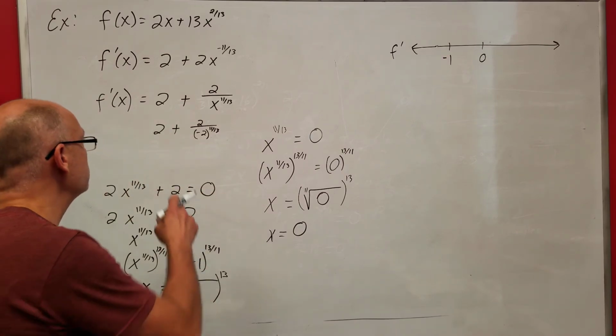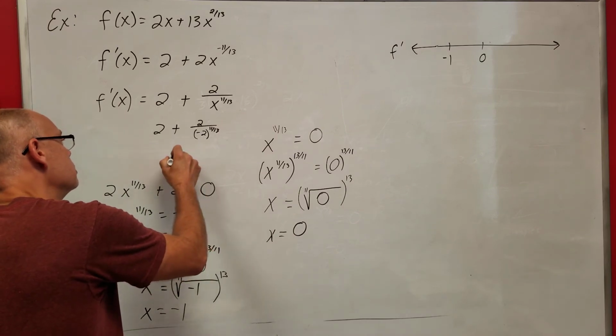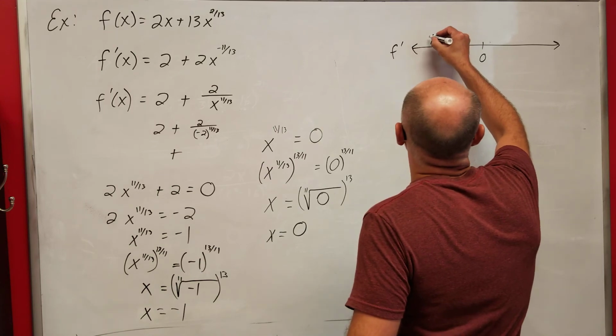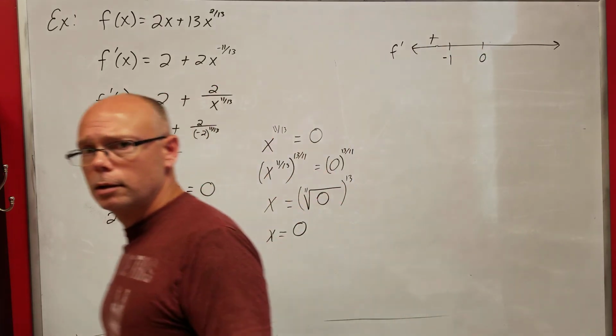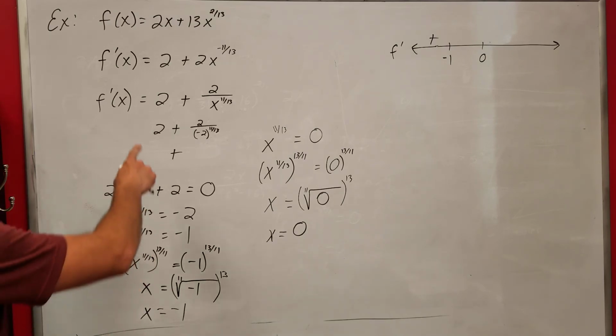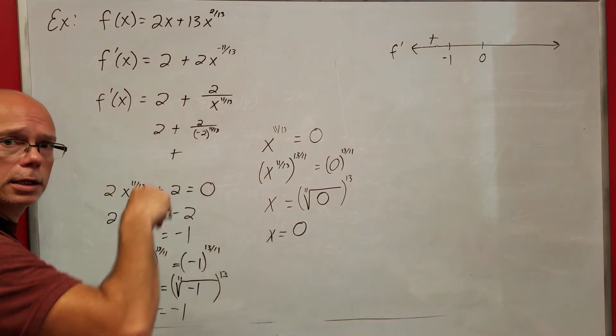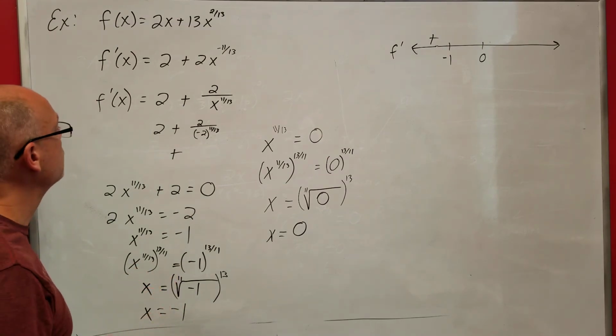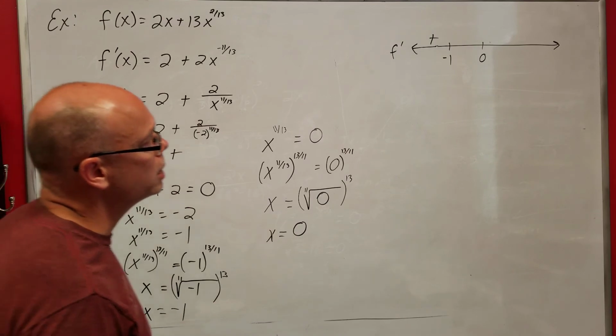Wouldn't that be a positive? So I would put a positive right there. Remember, we're only worried about the sign here. Now, I'm going to show y'all a better, quicker way to check this in your calculator on another video, okay? But anyway, let's continue with this problem.